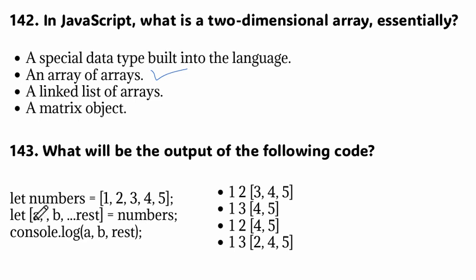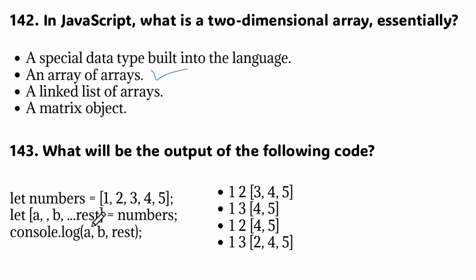So what we are doing here: we have just used A, the first part, and then a comma. After that, we didn't use any name or variable, we simply left it empty and used a comma again, and after that we have given the second element B. After that we used a comma and then ...rest.